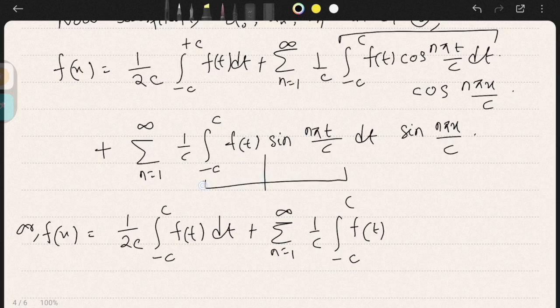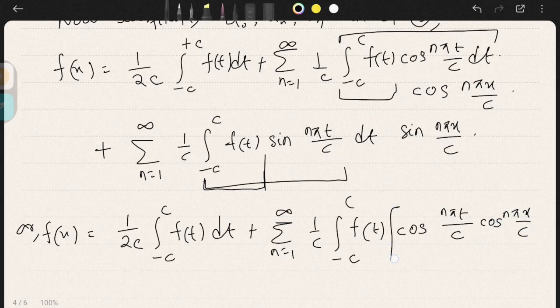Then write cos n pi t by c into cos n pi x by c plus sin n pi t by c into sin n pi x by c, then dt.